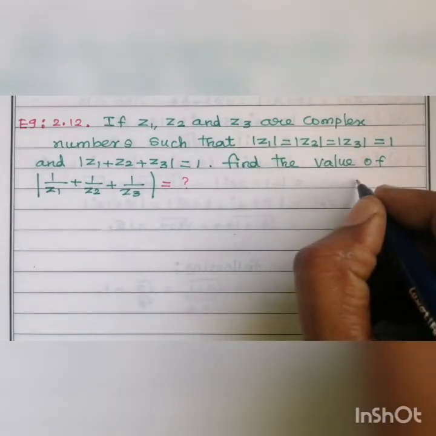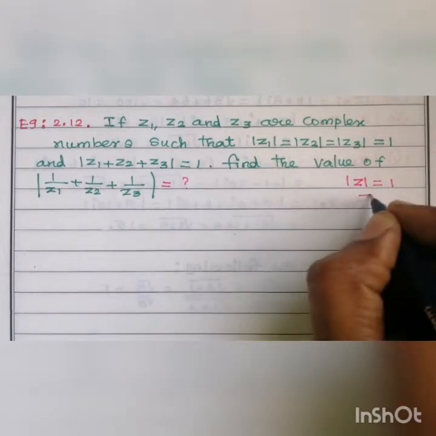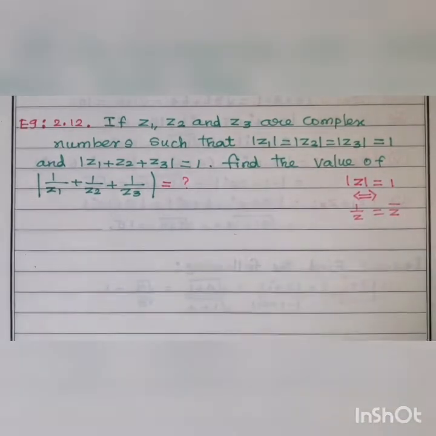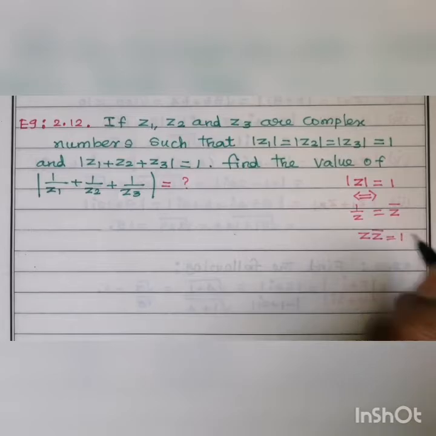Okay. So, we know that modulus of z equal to 1 if and only if 1 by z equal to z bar, that is z times z bar equal to 1.